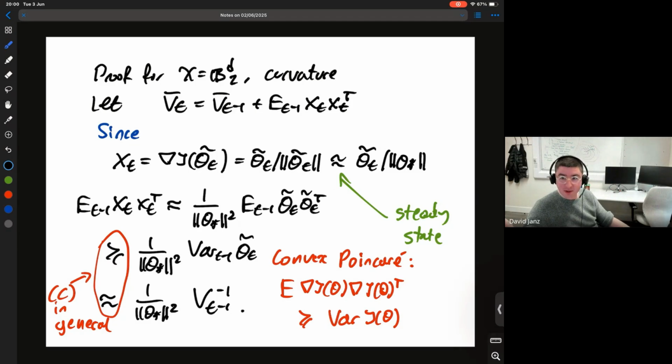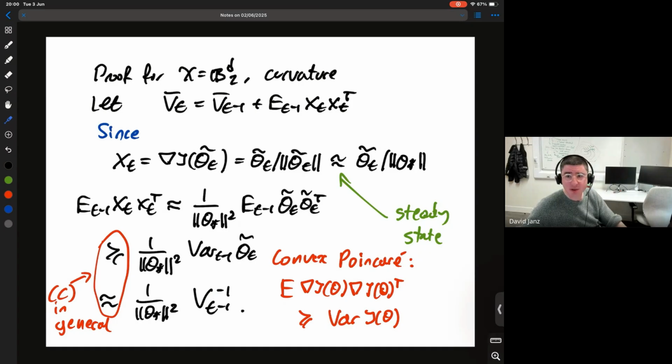So we get that the average amount of exploration, we're quantifying exploration as this expected outer product, is lower bounded by the inverse of the design matrix times 1 over j of theta star squared.